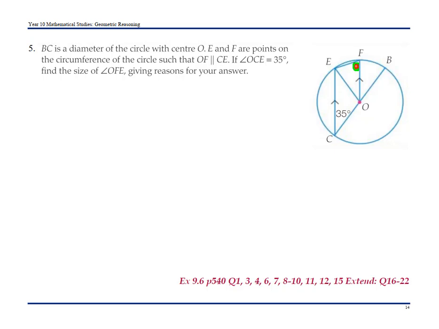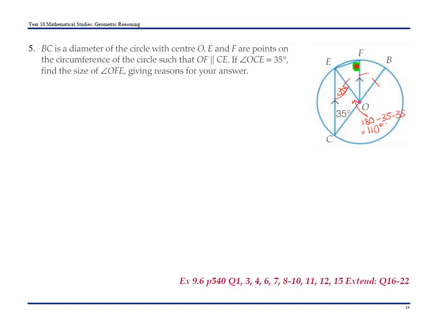First thing, as I said I always do, I put in where my radiuses are. The other thing I'm looking at is the fact that I have parallel lines, so I'm going to be thinking about that. But with my radiuses, I know that this has to be 35 degrees because it's base angle of an isosceles triangle. So that means that angle there has to be 180 minus 35 minus 35, or 180 minus 70, so that's 110 degrees, angle sum of a triangle.